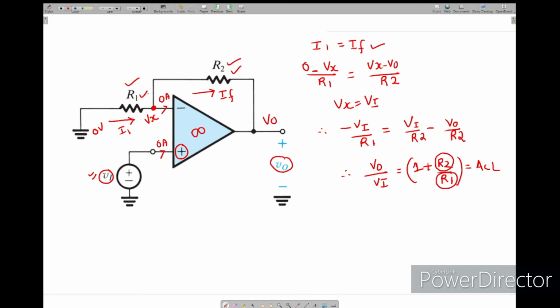Ideally this is a positive value, so if you give the input at this terminal, the output is in phase with it. We get 0 degree phase shift between Vi and V0. This is all about the closed loop gain of the non-inverting amplifier.